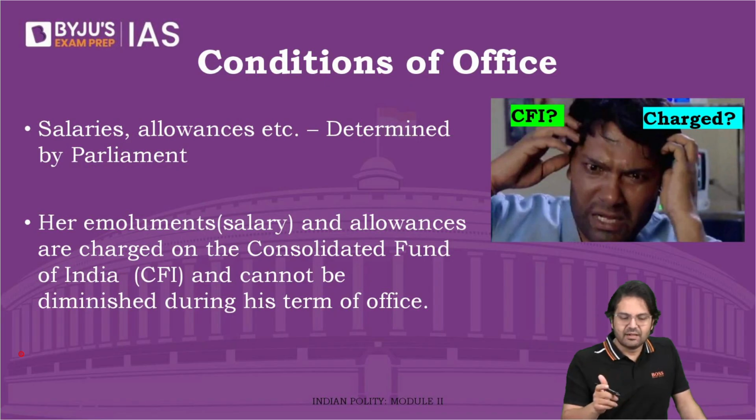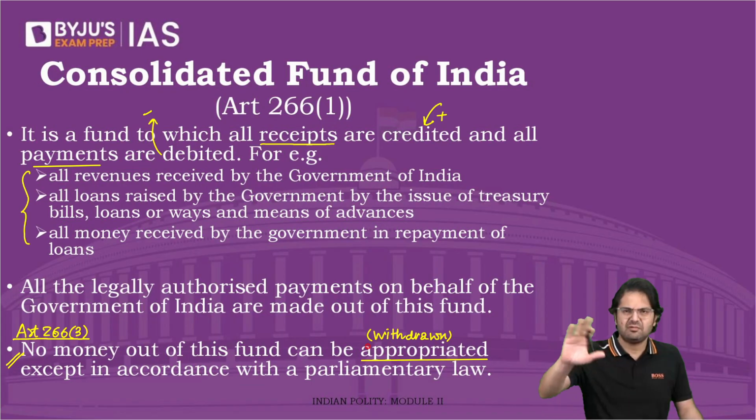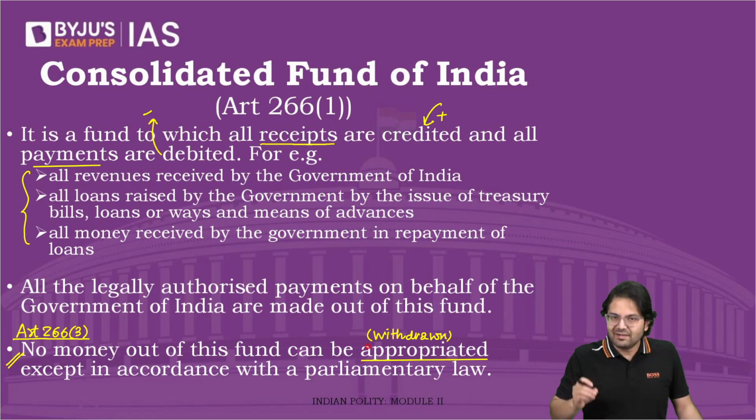If you want to take out money from CFI, Parliament has to approve it. Parliament may not approve it. If the government wants to take out some money, the MPs can say no, wastage, bad scheme, and they won't approve. But there are certain types of expenditure where you can discuss, but can't vote.